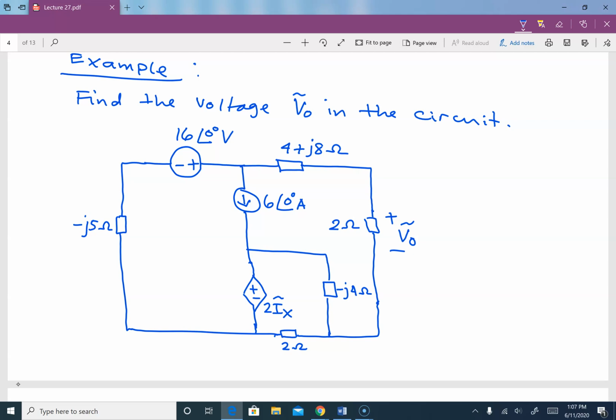And our Ix is going up here. That is the controlling variable.